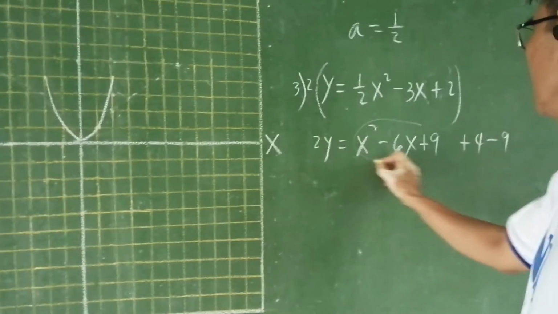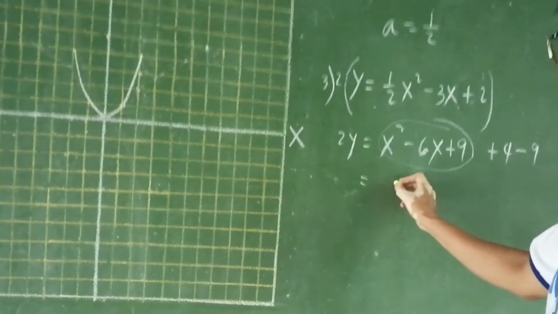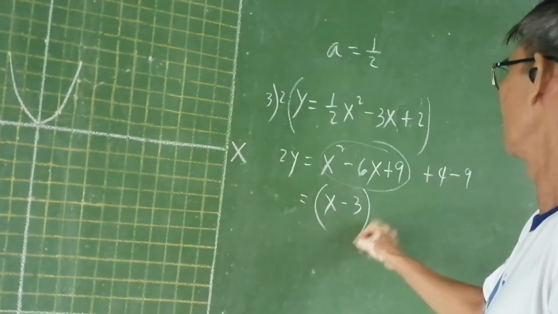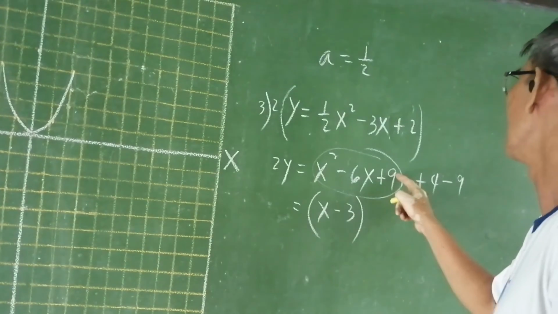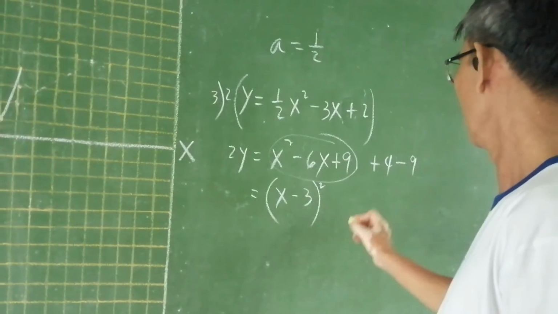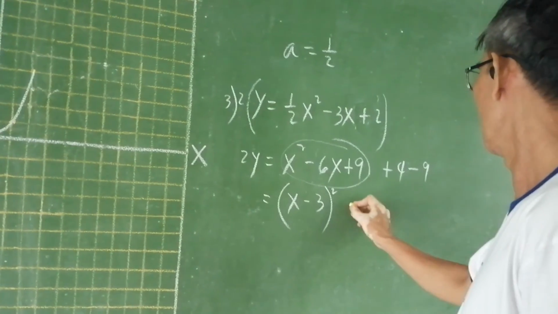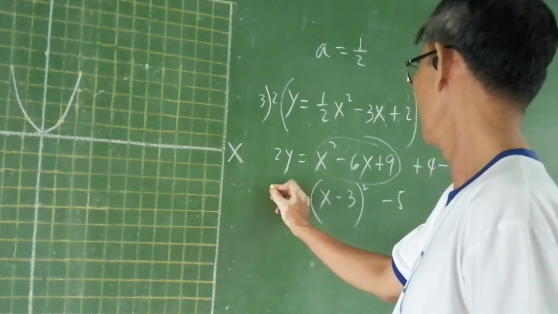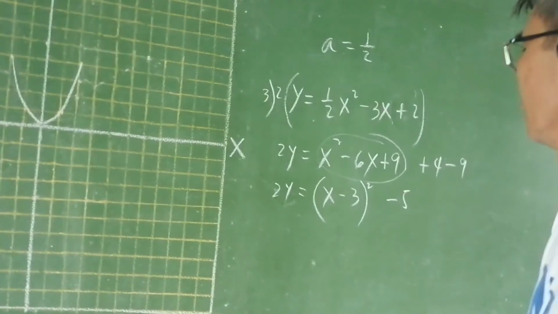So this is a perfect square. You just write that in factored form. It will be x minus 3, because square root of x squared is x, and square root of 9 is 3. Don't forget to put the exponent there. And you simplify that: 4 minus 9 is negative 5. That will be still 2y.